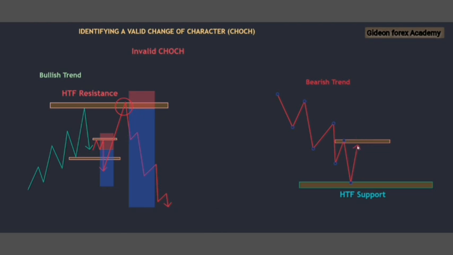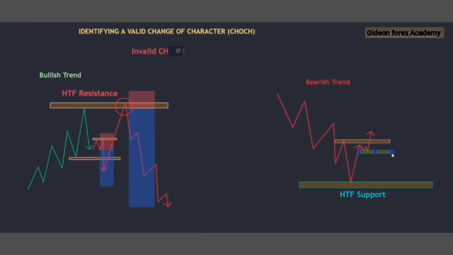If this had happened here, something like this, this would still be a valid change of character, but there are some early buyers who took their buys from here because they saw this as a new demand zone.